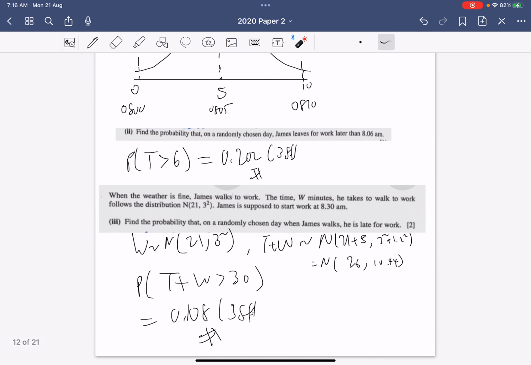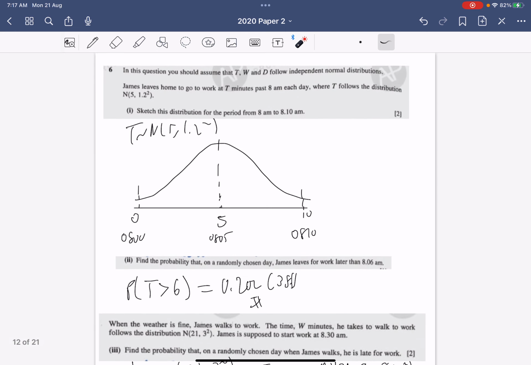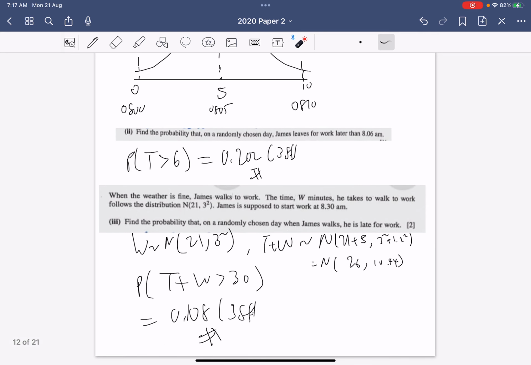And now we have to find the probability that when James walks, he's late for work. So you first have to consider when he leaves his home and the time it takes to walk.